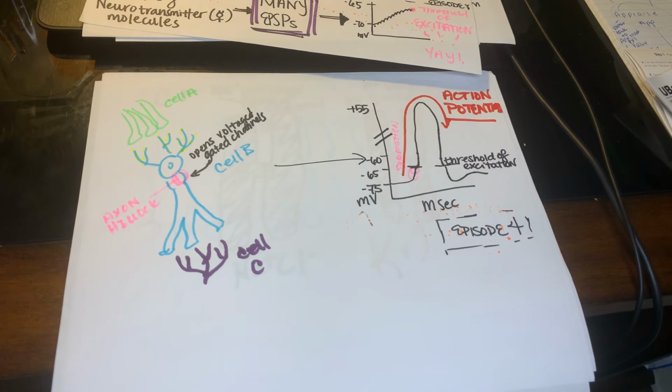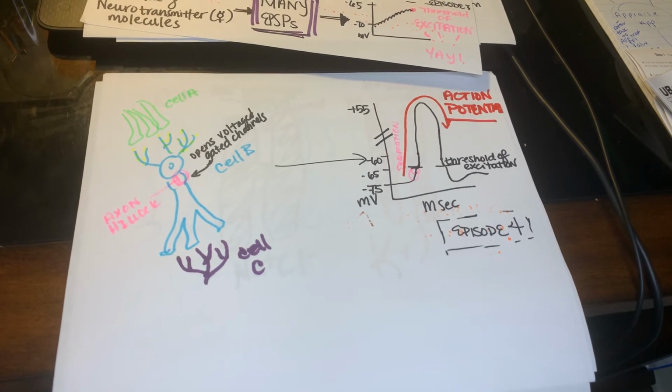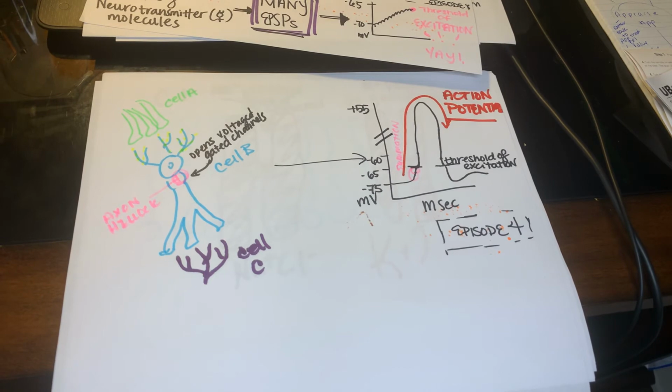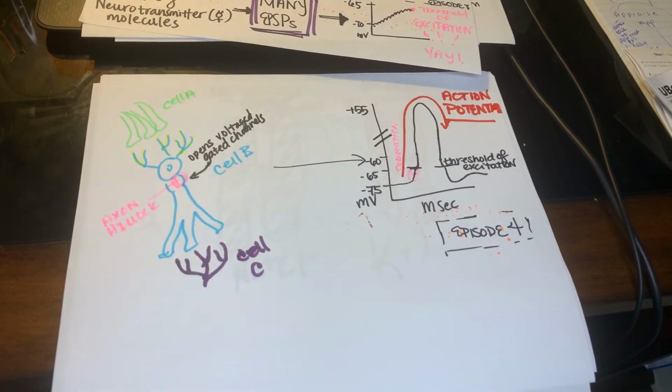These channels look like ionotropic receptors, but there's no place for neurotransmitters to actually bind onto these voltage gated channels. The voltage gated channels require a multitude of voltage caused by neurotransmitters binding to sites that have been opened.